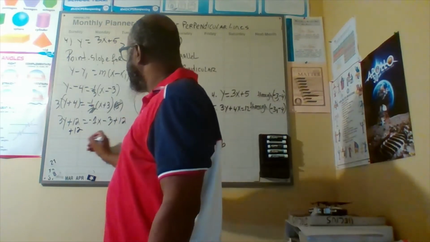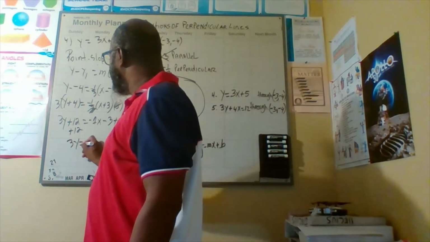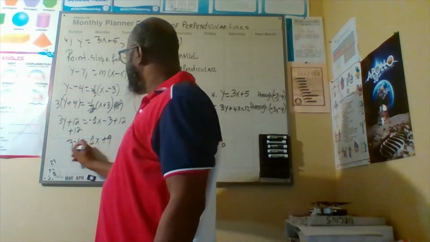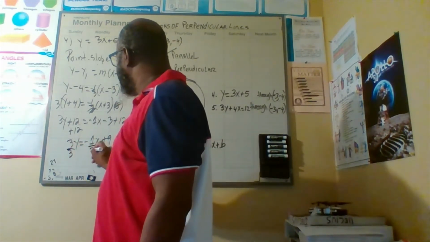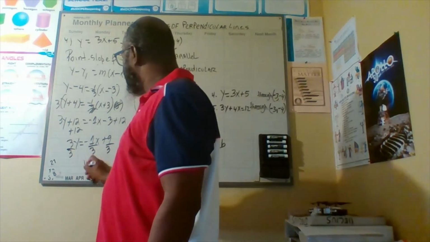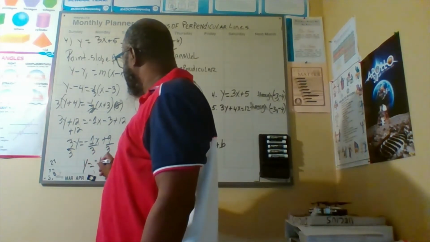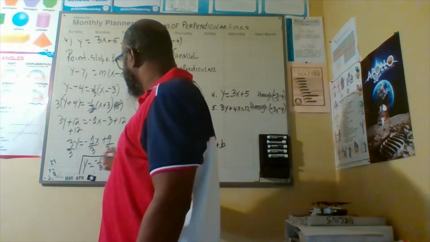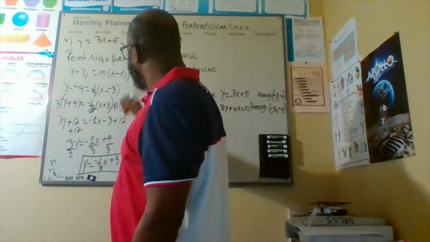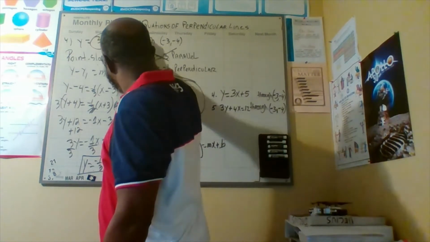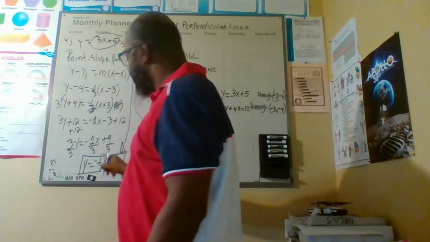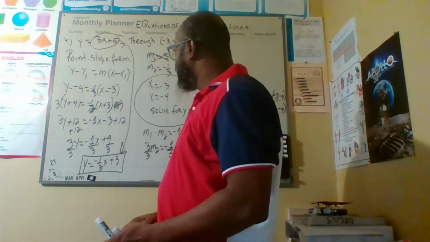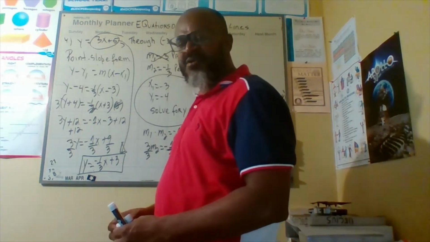Then you will have 3y equals -1x plus 9, divided by 3. Then this is the equation that is perpendicular, y equals -1/3 x plus 3. It is the equation that is perpendicular, the negative opposite reciprocal.